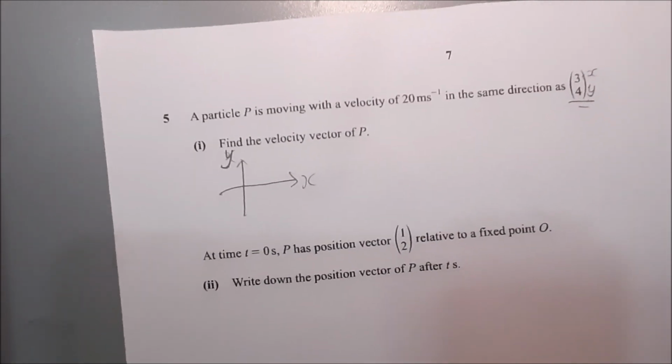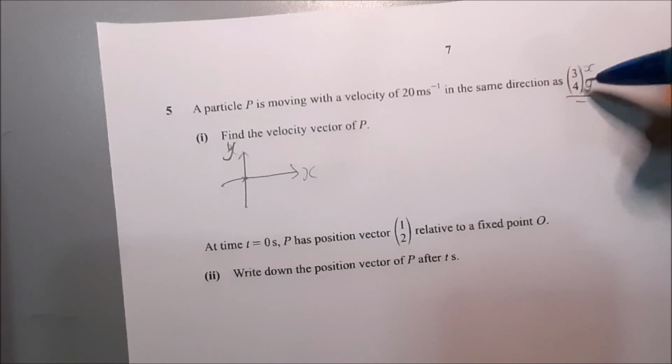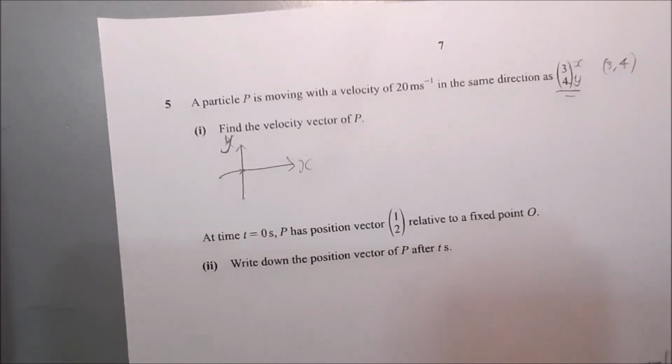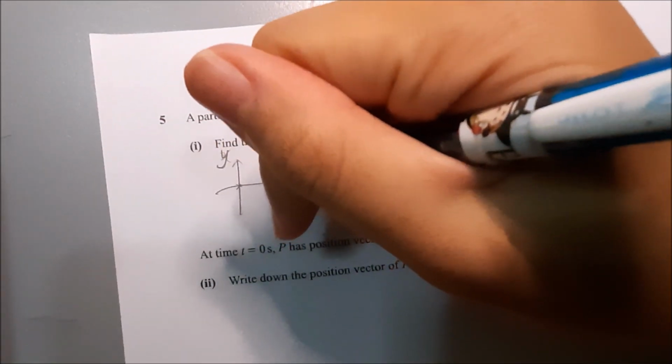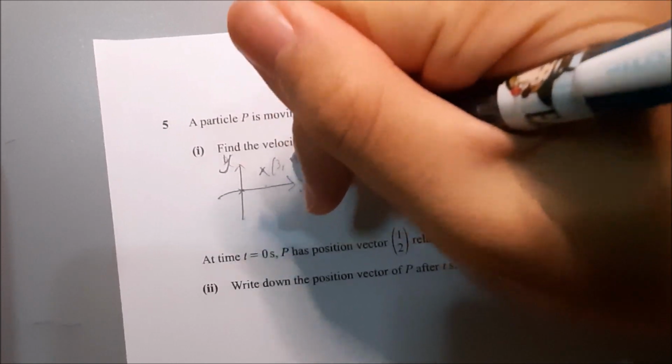So you can say it like a coordinate. So it always starts from 0, 0. So 3, 4 means a coordinate of 3, 4. So it's basically the coordinate here around there, which is 3, 4.